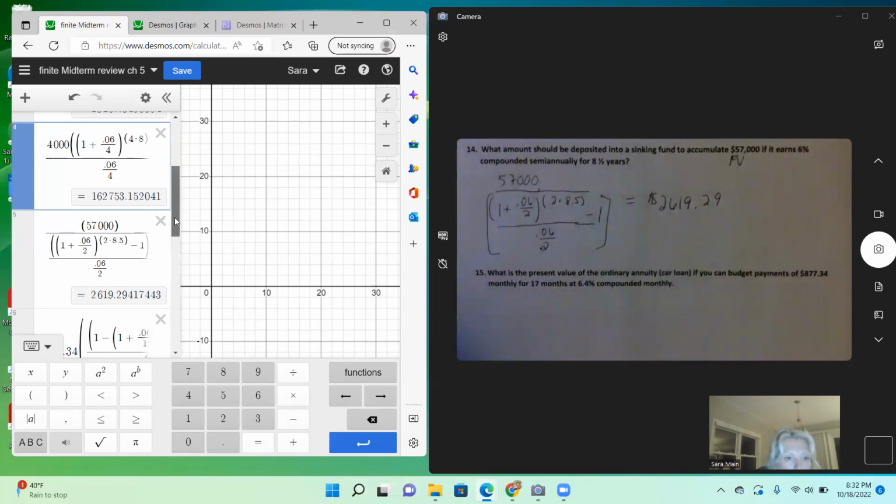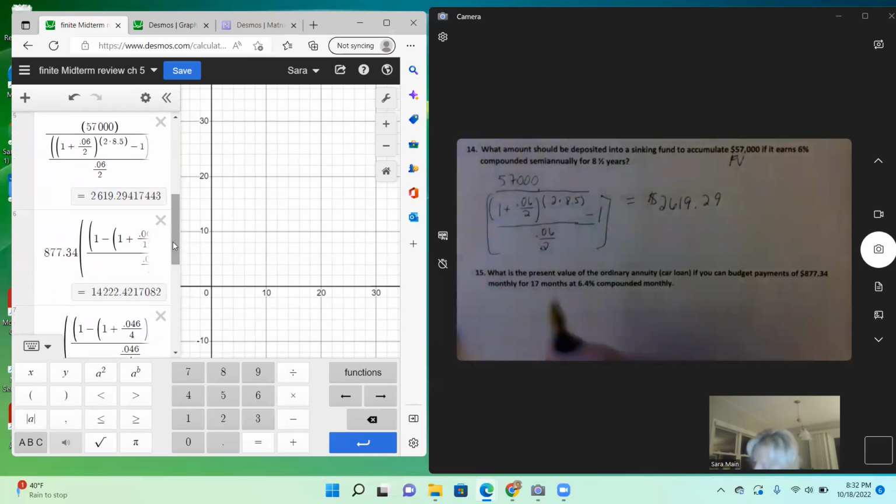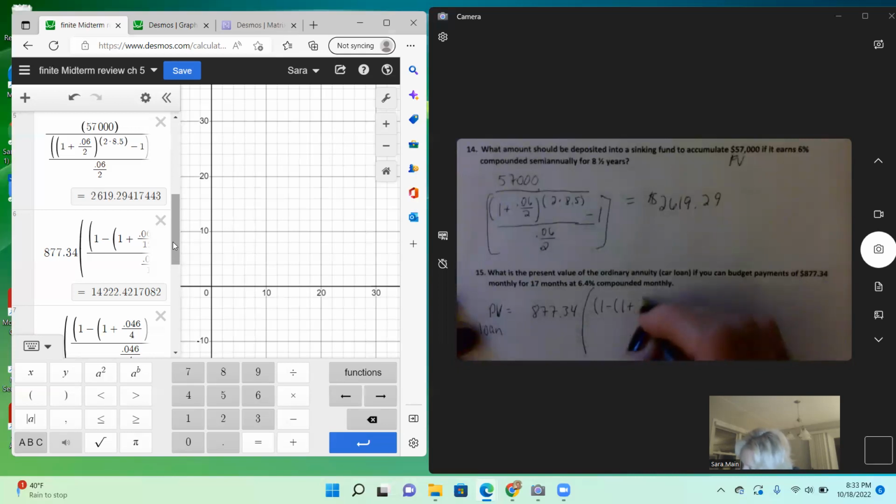So we're going to put in our payments. So we want to find out the present value, what we're going to borrow. This would be our potential loan, if we can afford $877.34. 1 minus 1 plus 0.064 divided by 12 monthly.